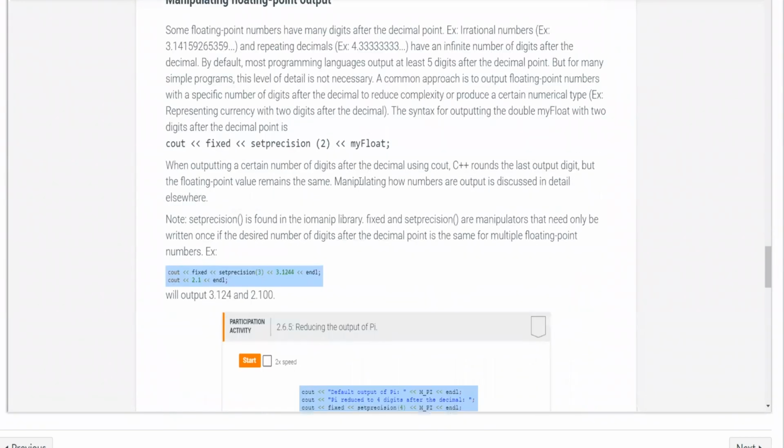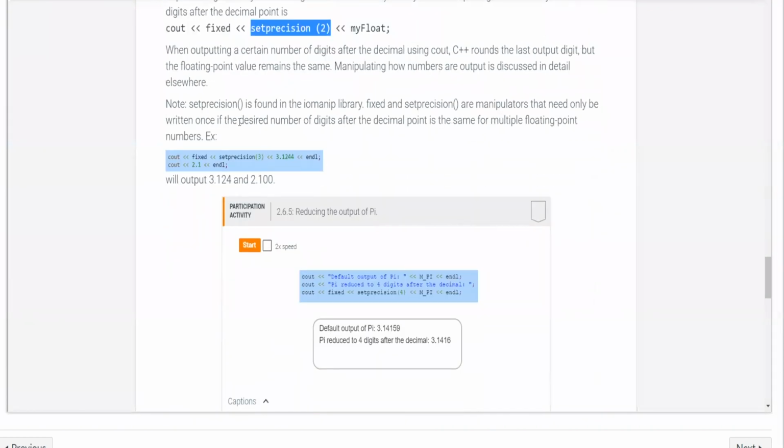Now, manipulating the precision. We're talking about this in this week's lab, as I remember: set precision. If I'm printing out a floating number, for example 5.7898, I don't want these extra digits to be there.